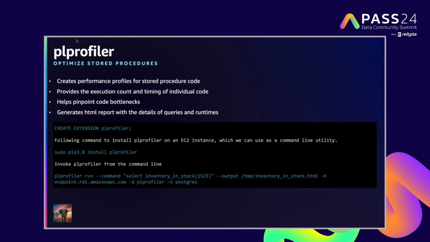To install it, you create the extension. It actually has to be downloaded from GitHub and installed and configured. And then you have to install PL Profiler, which is a command line tool. Then you execute your SQL statement, and it can create an output HTML file. In this example, the PL/pgSQL you're executing is inventory_in_stock, and you're giving it an argument.